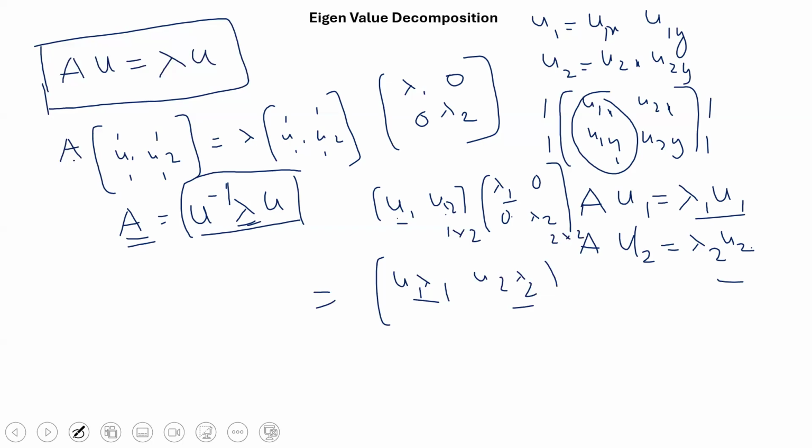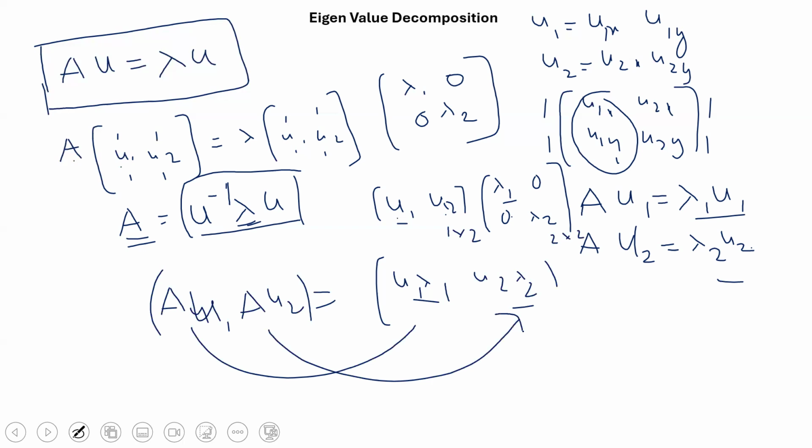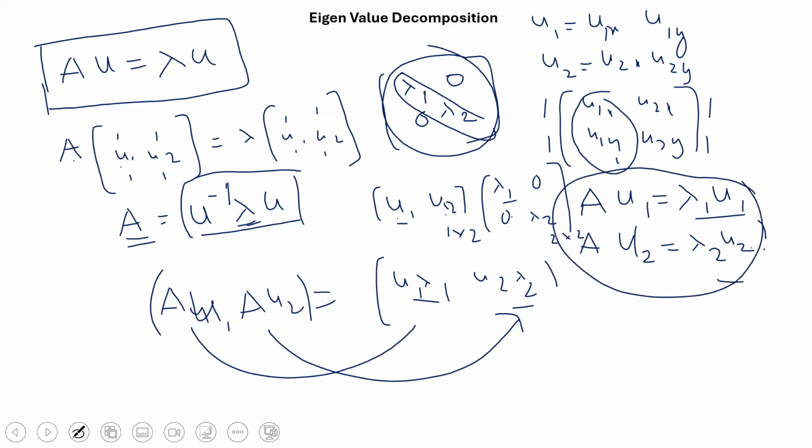On the left side, A into u1 is A u1, and A into u2 is A u2. So A u1 is equal to u1 lambda 1, and A u2 is equal to u2 lambda 2. That is why the lambdas have to be the diagonal elements. Once the eigenvalues are the diagonal elements of this matrix, you get these notations when you do the matrix multiplication. So lambda is nothing but the eigenvalues along the diagonal elements. Did you understand that?